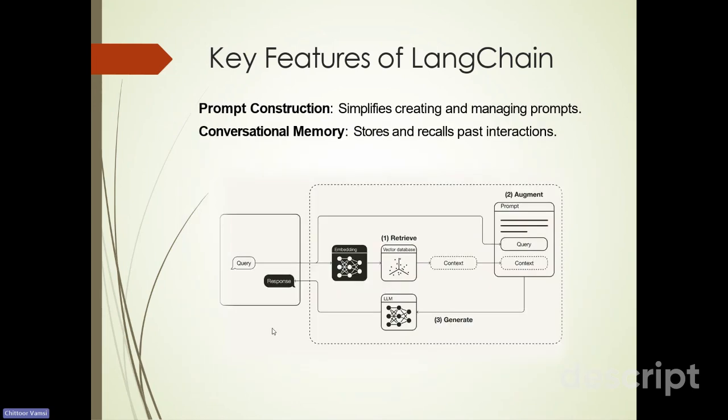And prompt construction. A prompt is simply a set of instructions to the LLM to answer your question. In general, the prompt consists of the question the user is asking, and once the question is asked, you might retrieve the relevant documents from the vector database, which you have previously vectorized and stored there. Then you ask it to answer this particular question from the user based on this information or these documents.